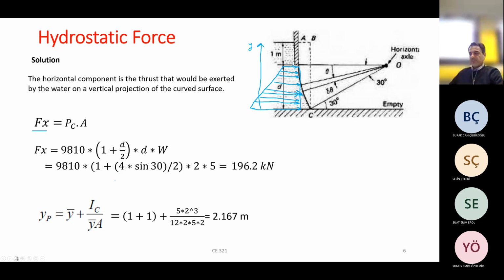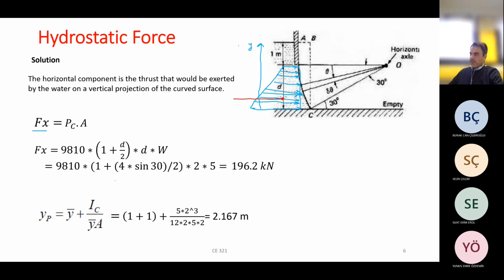So what does it mean? It means, let's go to the pen. If here is 1 meter and this entire D is 2 meters, then 1.67 is somewhere here, maybe here.